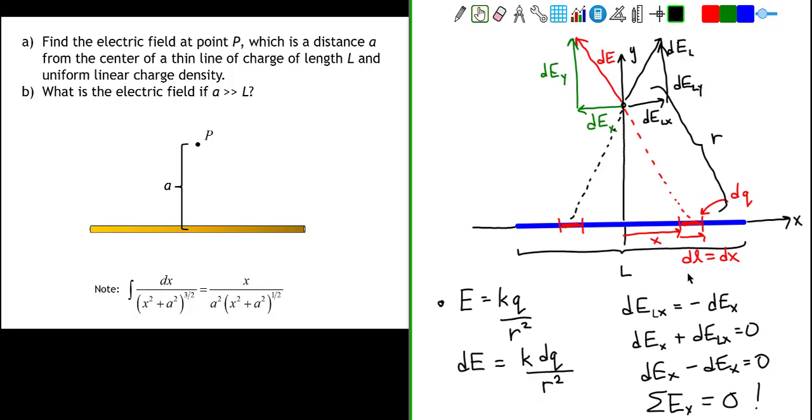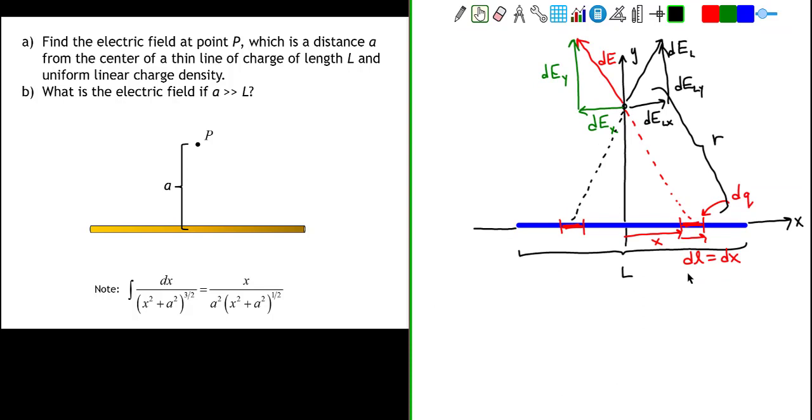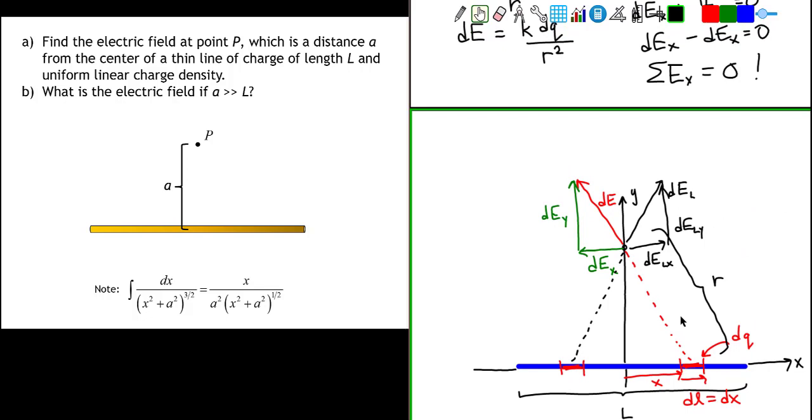Let's copy our graph to the next page. So we know there is only a y component left over.